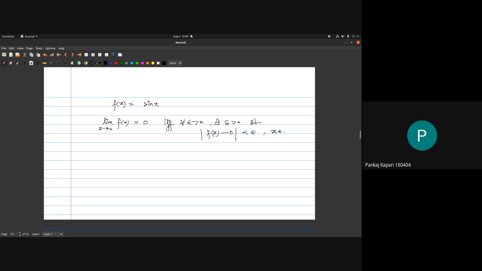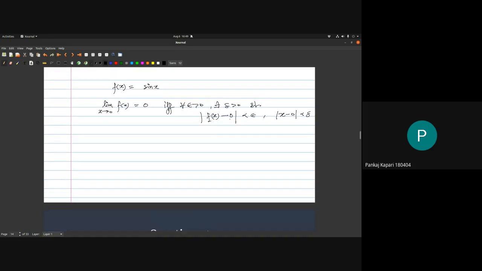That means whenever the distance of x from 0 is less than delta, the value of the function from 0 must be less than epsilon, and this happens for every epsilon positive. Delta you have to choose depending on epsilon, but epsilon must be arbitrary because we want to go as close to 0 as possible via the function f. That's the meaning of limit.